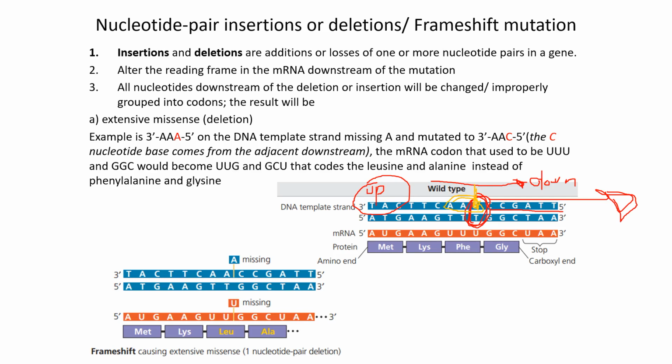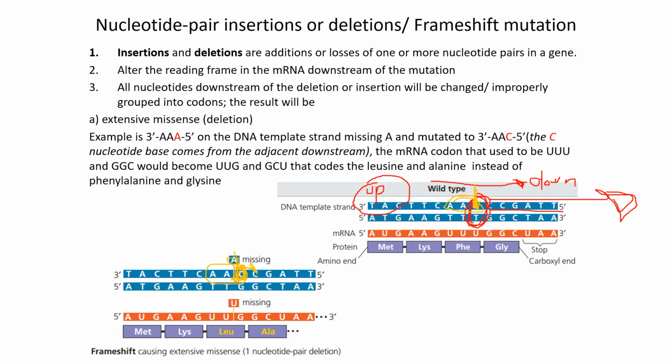The DNA will be mutated to AAC. The C from the downstream is shifted to the upstream A. So the C nucleotide base comes from the adjacent downstream.